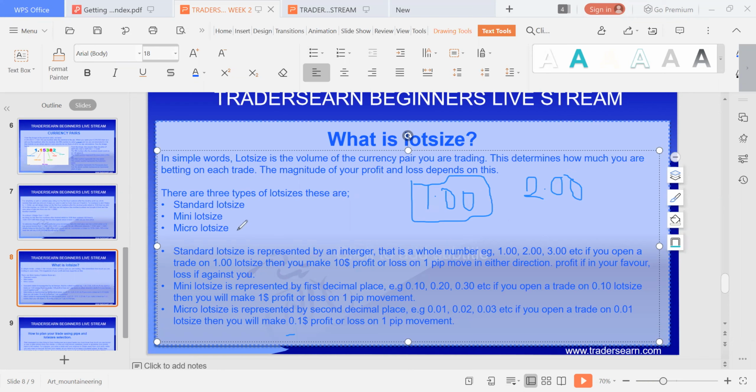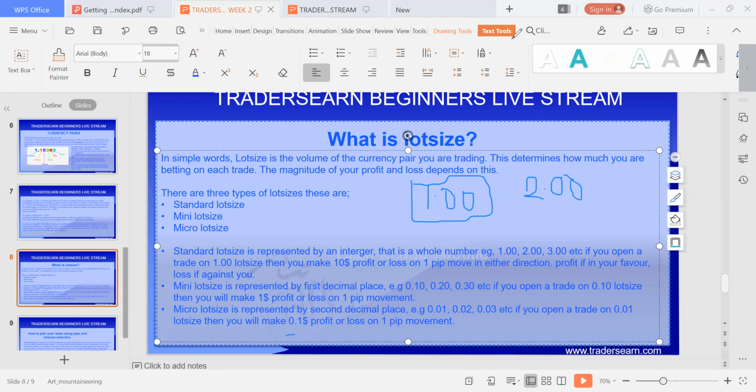Standard lot size is represented by an integer, that is a whole number, e.g. 1.00, 2.00, 3.00, etc. If you are using 3.00, you are using 3 standard lot size. If you open a trade on 1.00 lot size, then you will make $10 profits or loss.